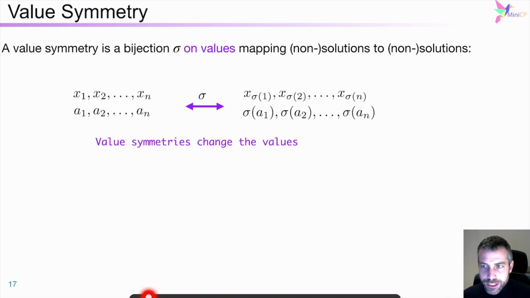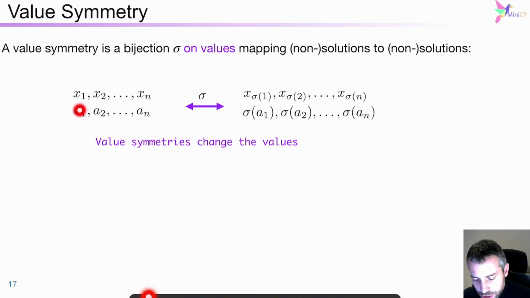So the first type of symmetry that I will explain is what we call the value symmetries. We have a bijection function sigma here that will do the mapping from non-solution to non-solution and from solution to solution. In terms of value symmetry, you apply this mapping function on the values themselves. So x1 takes the value a1, xn takes the value an.